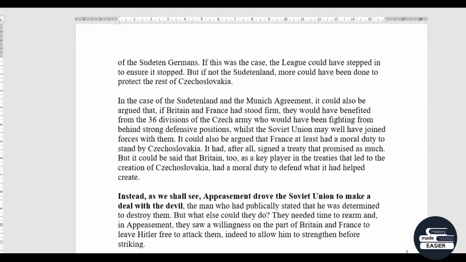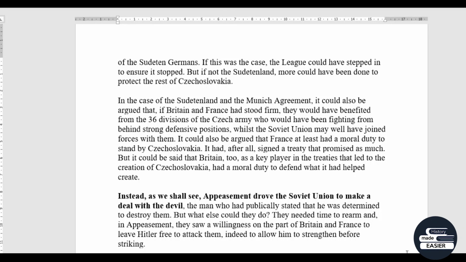And then the final argument against appeasement is that there is a direct link from appeasement to the Nazi-Soviet pact, and the argument being that appeasement only drove Stalin into the arms of Hitler. Appeasement drove the Soviet Union to make a deal with the devil.